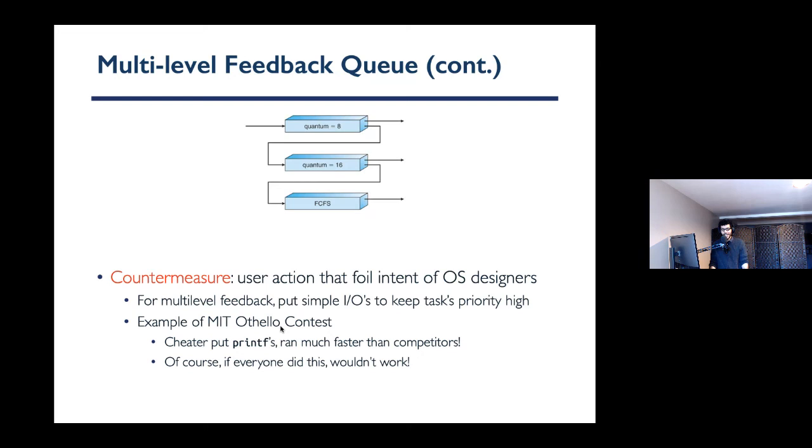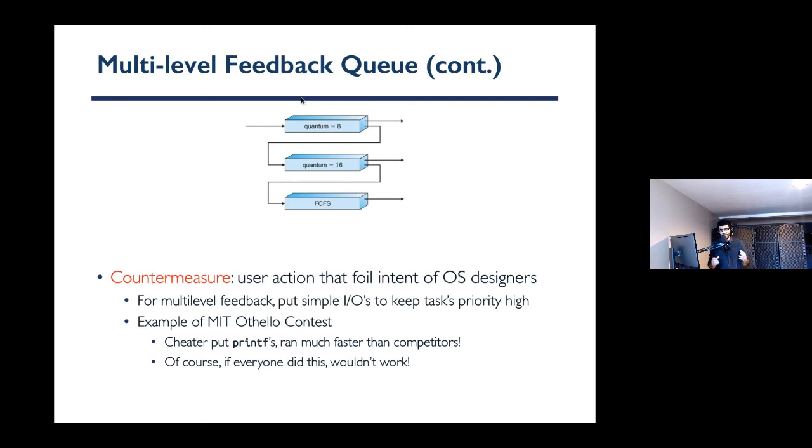So some of the groups knew that the system was using this multi-level feedback queue. The vanilla version that I just described puts you in this first queue every time you come back from I/O, right? So what they did was, quite frequently, call printf in their code.